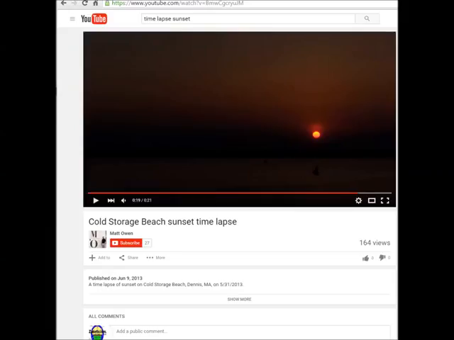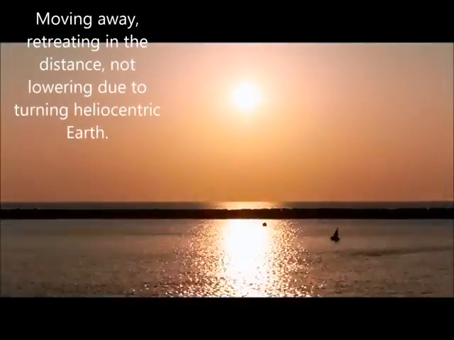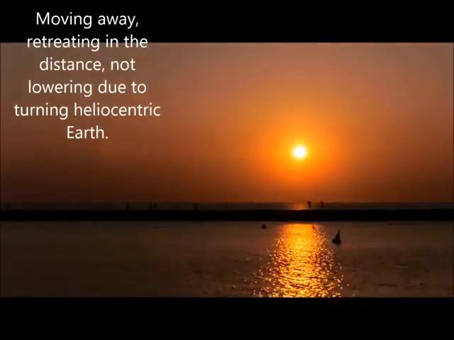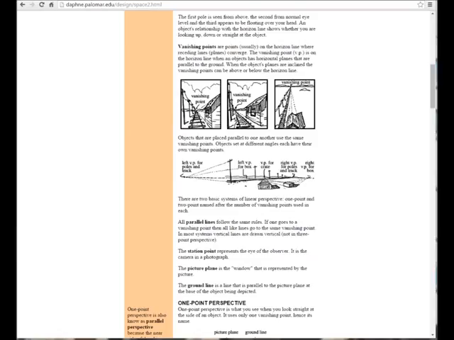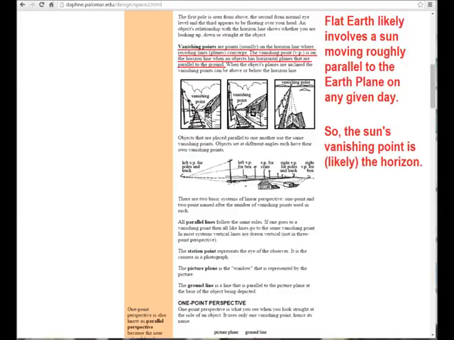Flat Earth involves the idea of a low sun traveling across the sky. As the sun travels further and further, it approaches its perspectival vanishing point. Notice I said it approaches its vanishing point. It never actually arrives at it because it's refracted downward in its appearance beforehand, as just stated. The flat Earth model should involve a sun vanishing point at the horizon.